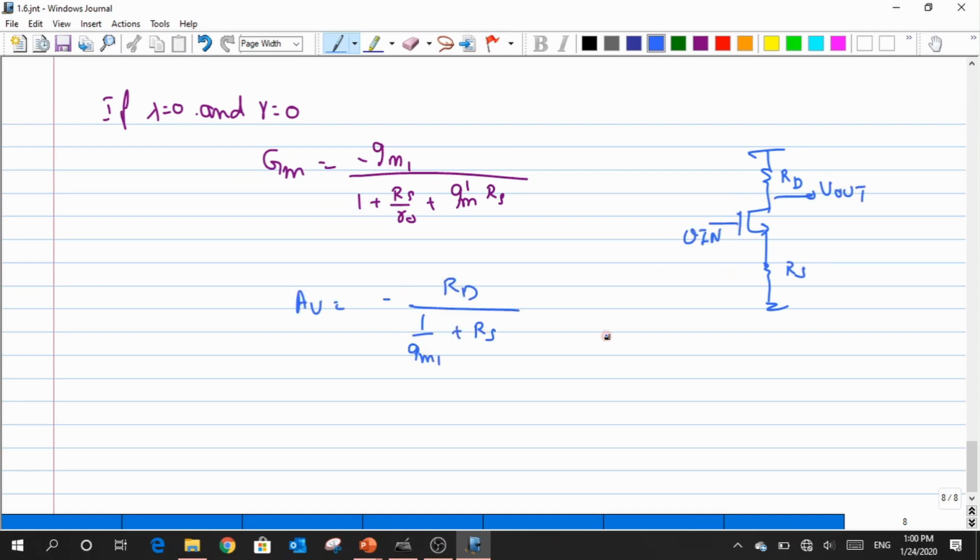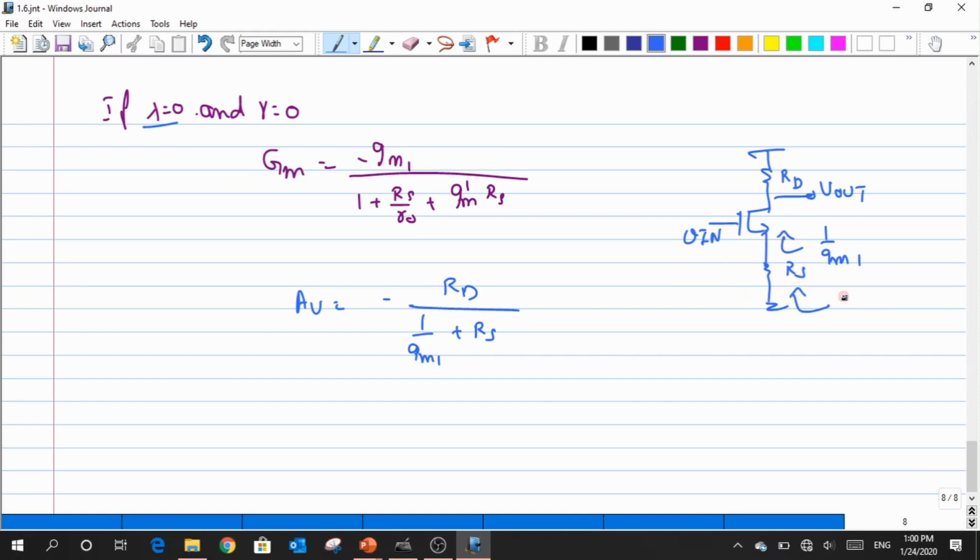Now what I'm going to do is that in the case when I have lambda and gamma equal to 0, what is the impedance that I'm seeing across the source? It is just 1 by GM, because R0 will not be there just because lambda is taken as 0. So in that case, I have this 1 by GM1, and there is a resistance here. So I have two resistances in series, right?